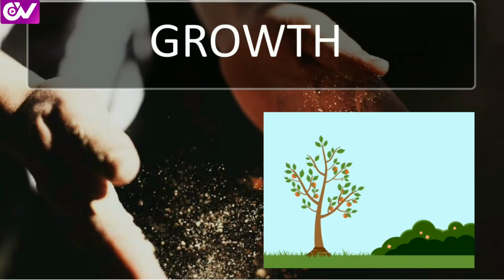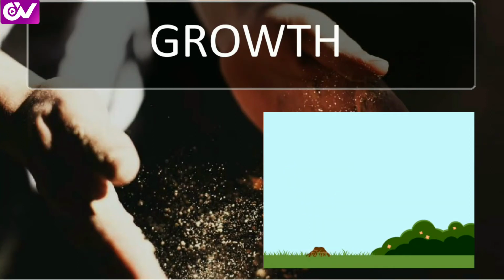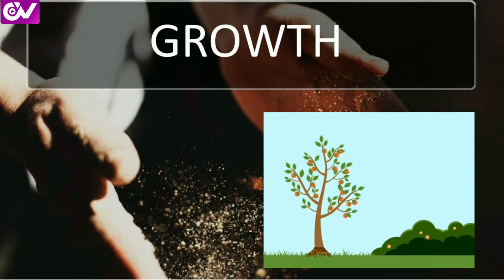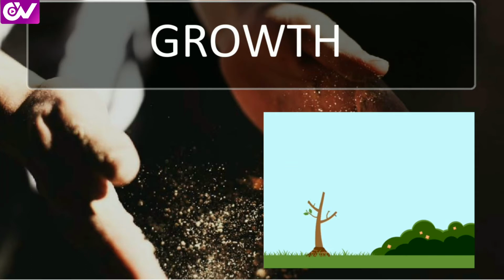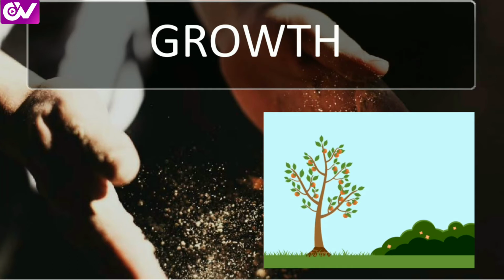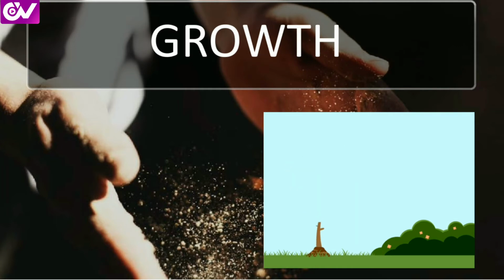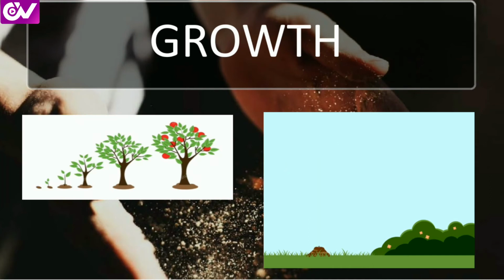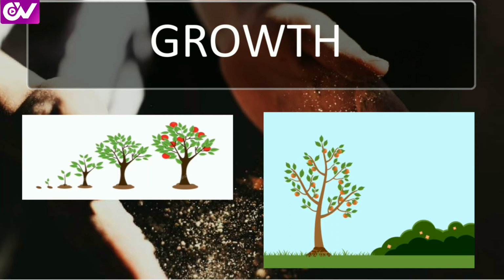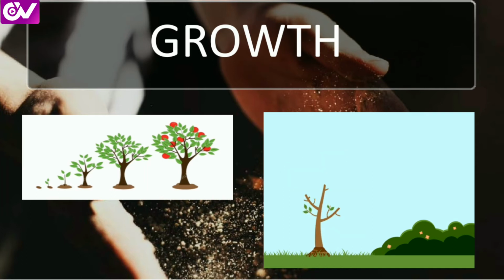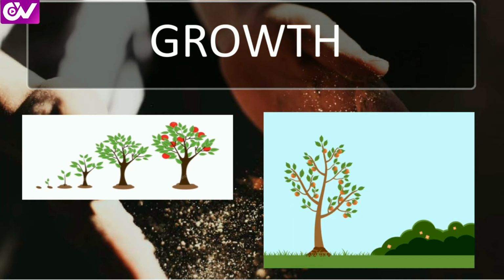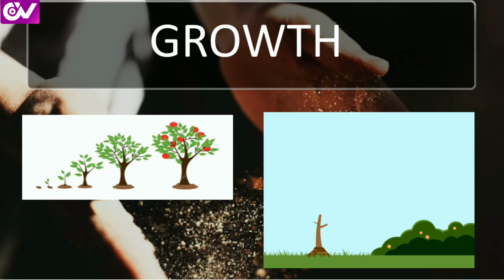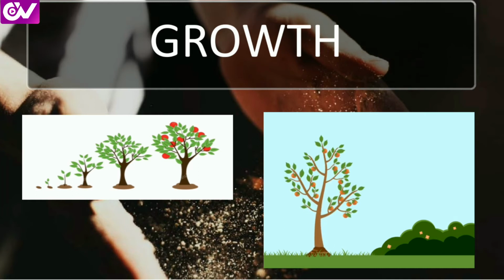Here comes the growth of plants. As I have already told you, plants will grow throughout their lives. That is, till their life ends, they will grow. See, at the start it will have only 2 to 3 leaves, then it will have 2 to 3 branches, then the branches will expand and the tree also grows.